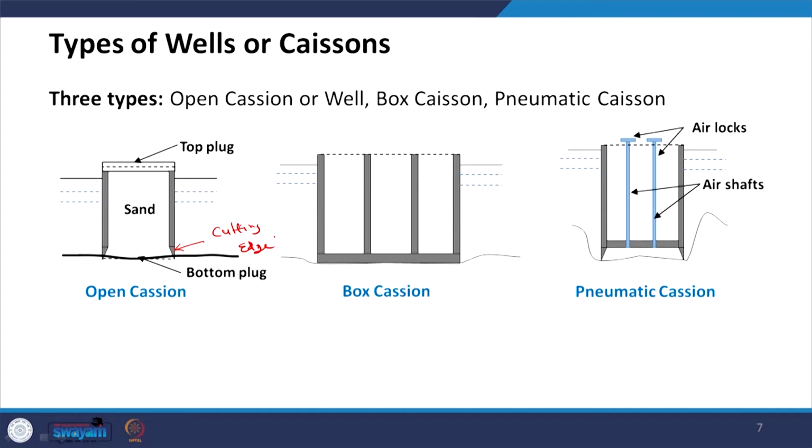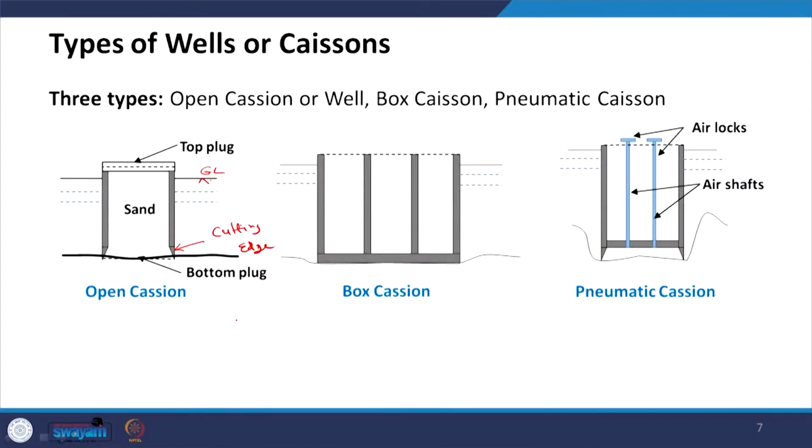If I treat this as the ground level, the ground surface, then when you sink it down, it will start cutting the soil or the earth and proceed down. It will not go in one go; rather, you first put it down and then push it down, and then the sand inside this well is taken out.